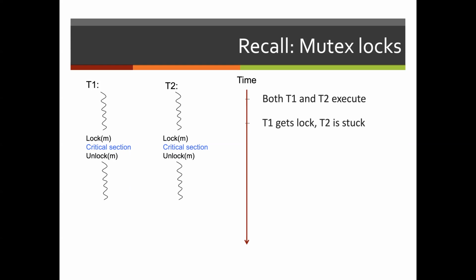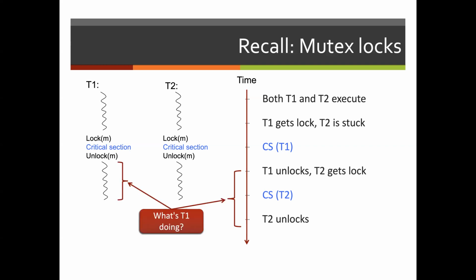T1 gets the lock, and so then T2 is going to be stuck. We have the critical section for T1 executing, and then T1 unlocks, and T2 gets the lock, so the critical section for T2 can execute, and then T2 unlocks.